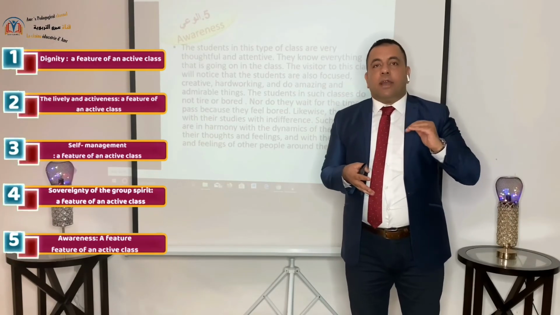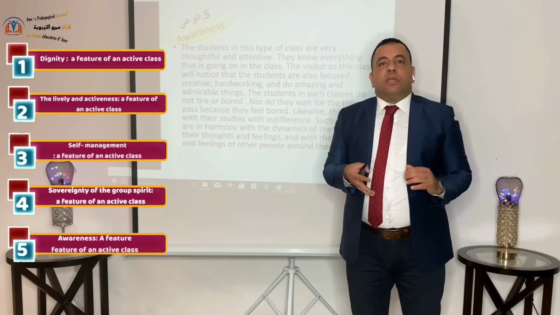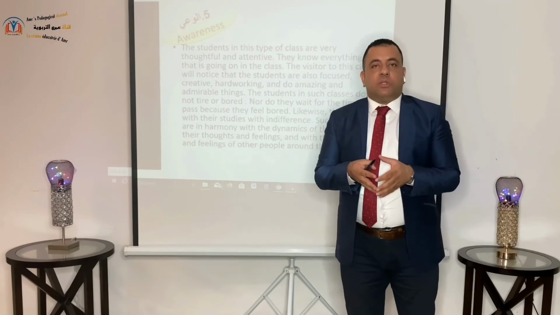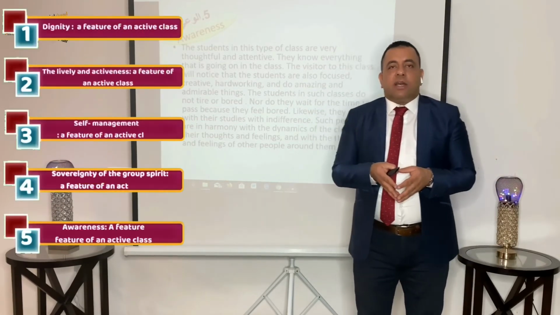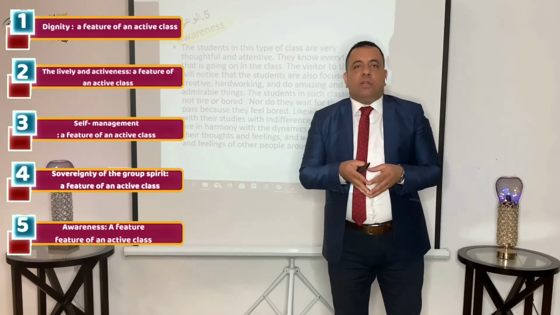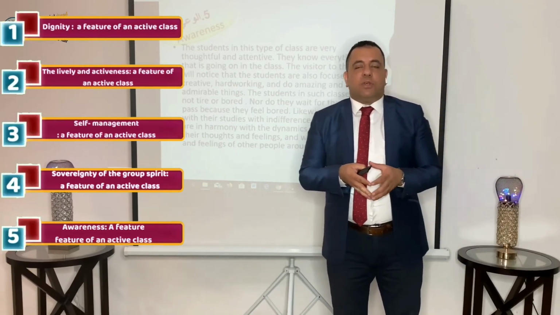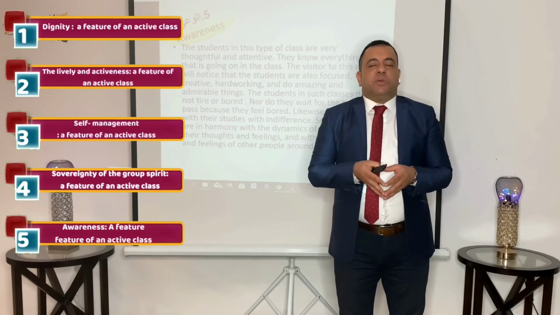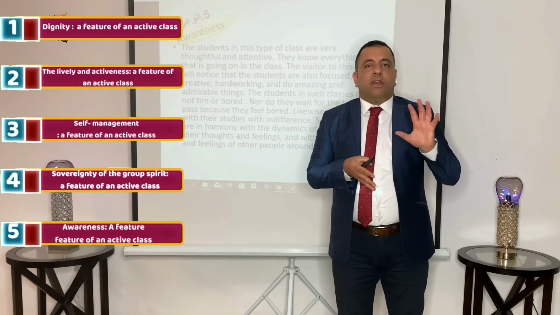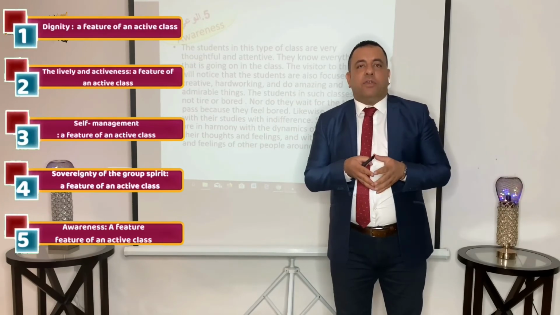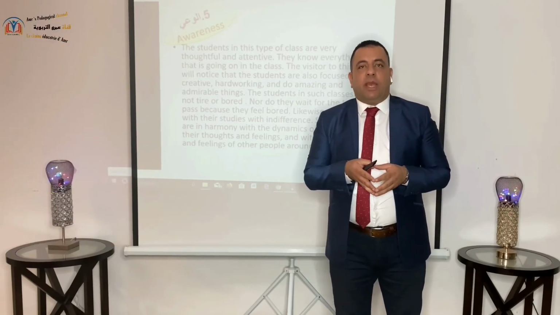They understand very well what is going to happen next. So this is number 5 of the features of an active class. By this, we are done with the 5 features of an active class. If you visit the class, you will definitely find the 5 features very evident, very clear, and happening very smoothly. Thank you.